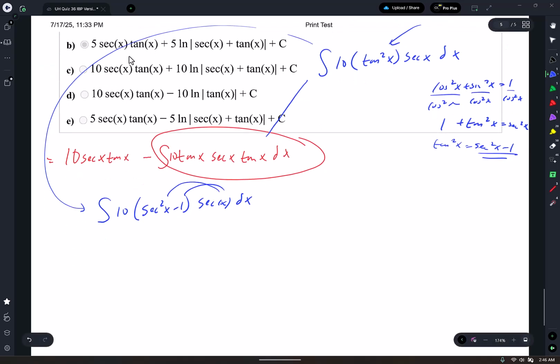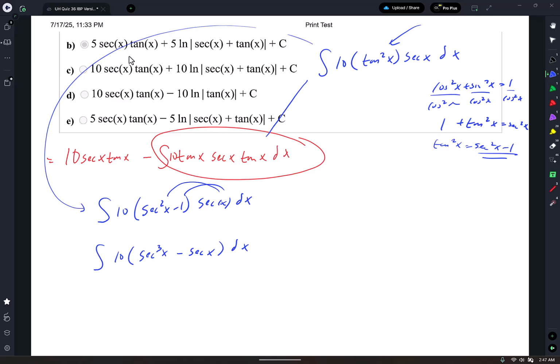And yeah, we're going to have to know what the antiderivative of secant x is, which we will right now. So now we're going to have the integral of 10 times secant cubed x minus secant x dx.